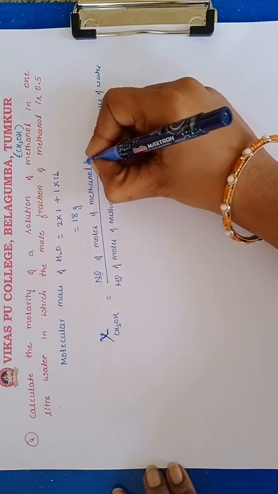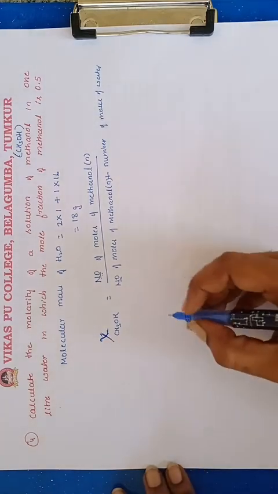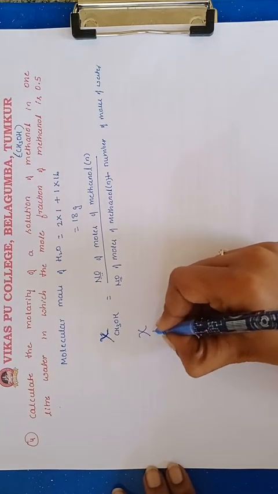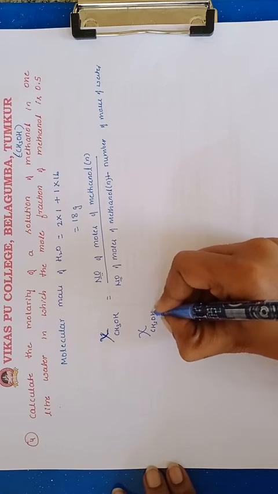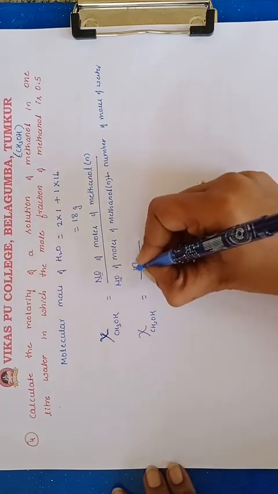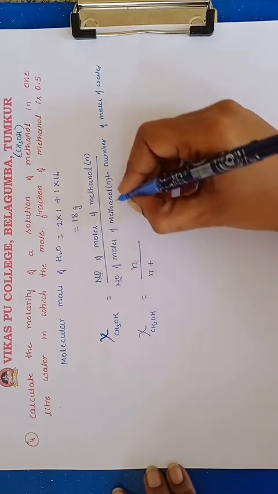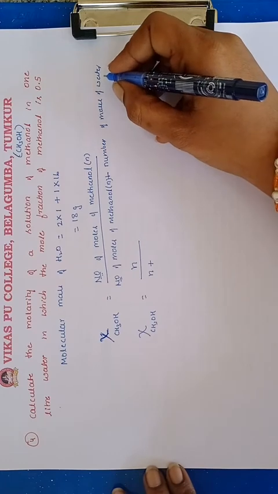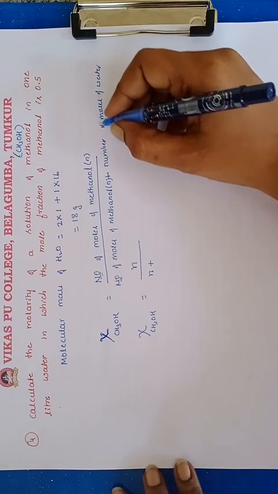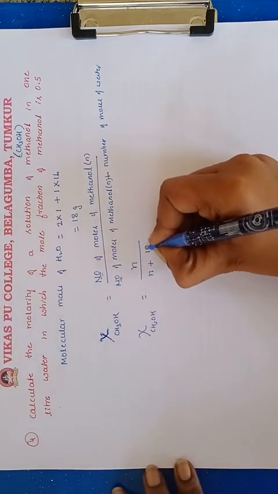This we don't know, that's why we take it generally as n. Then chi of CH3OH, mole fraction of methanol, is equal to n divided by n plus the number of moles of water. Here, how much is given? 1 liter. The 1 liter is nothing but 1000 ml.